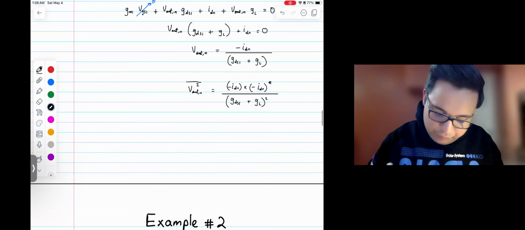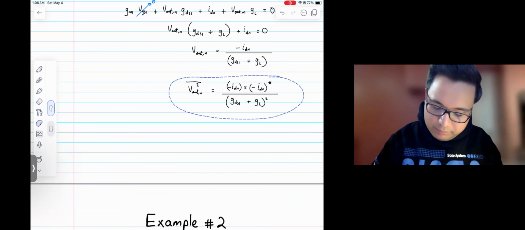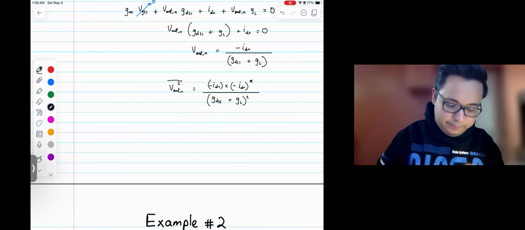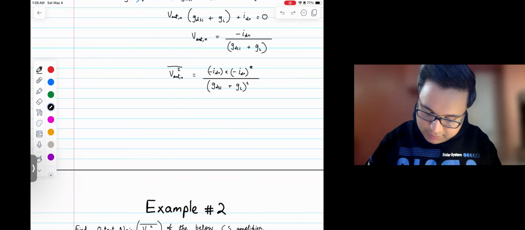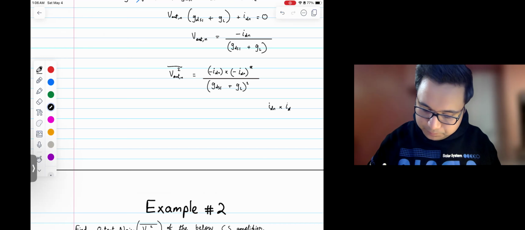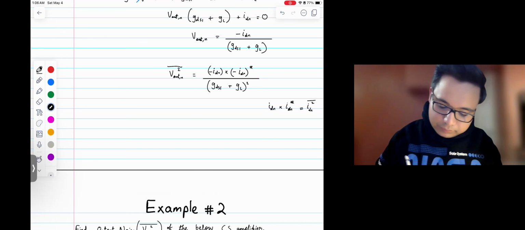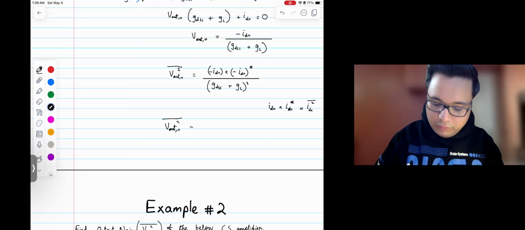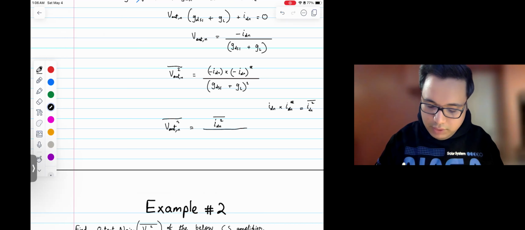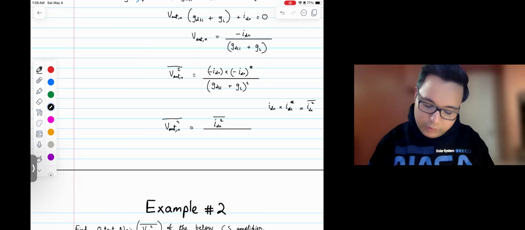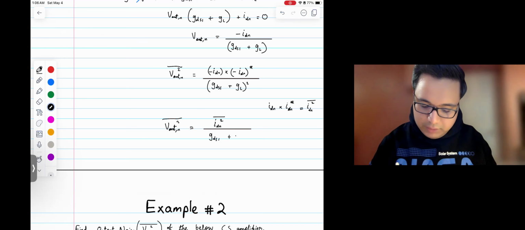All right, so now IDN multiplied by its conjugate is basically IDN mean squared. So this would be V out N mean squared, and at the top you would have IDN mean squared, and at the bottom you would have GDS1 plus GL squared.